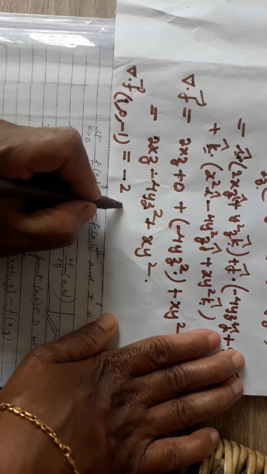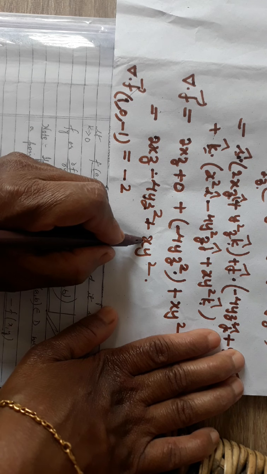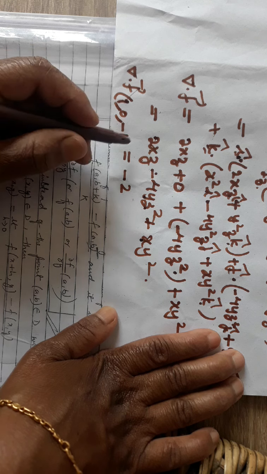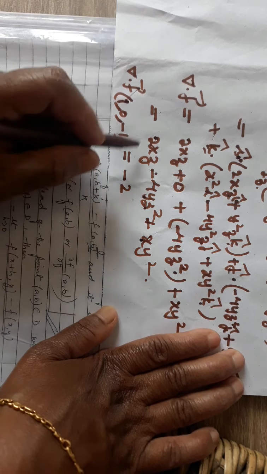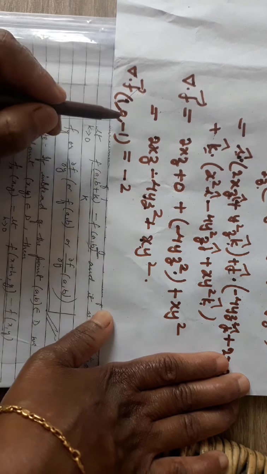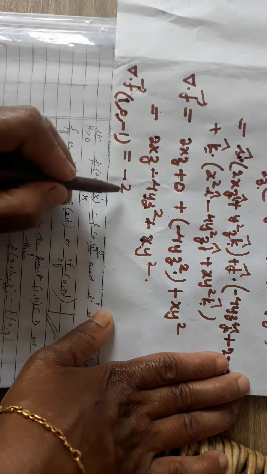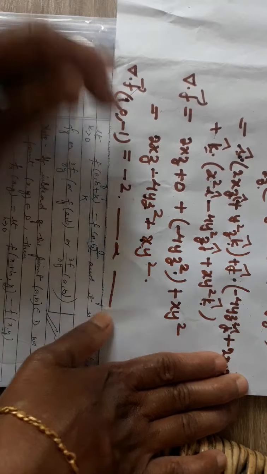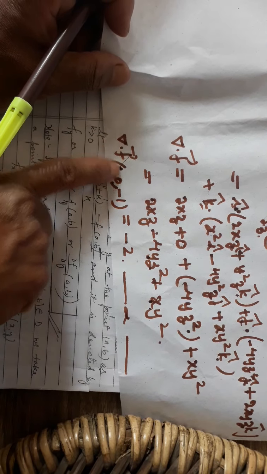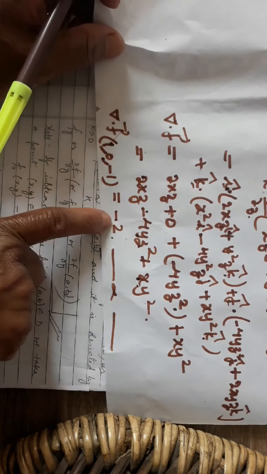So this gives the value of the divergence of the vector f bar at the point (1, 0, -1), which is equal to minus 2. I hope it is clear to you.